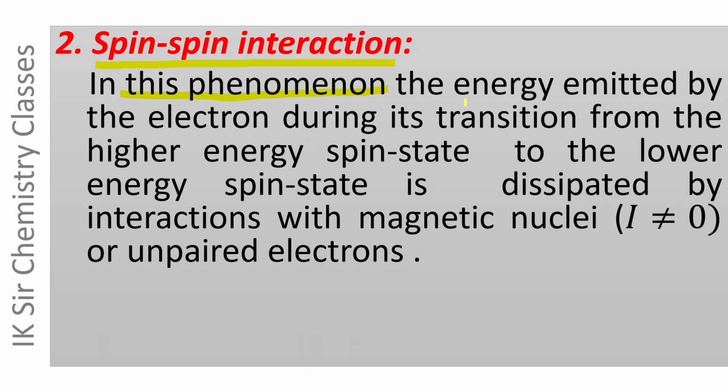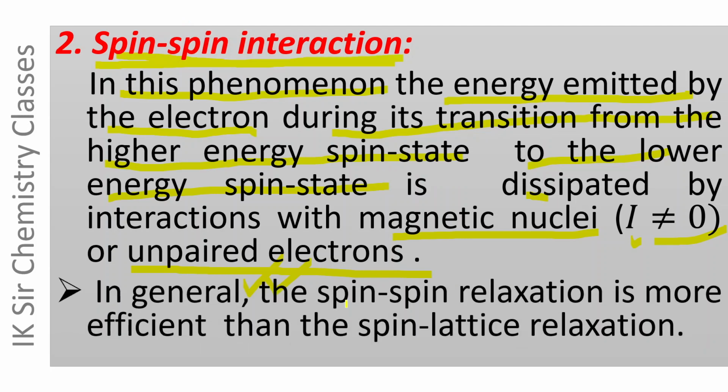In this phenomenon, the energy emitted by the electron during its transition from the higher energy spin state to the lower energy spin state is dissipated by its interaction with magnetic nuclei, that is, nuclei having non-zero nuclear spin, or unpaired electrons. This phenomenon is called spin-spin interaction.